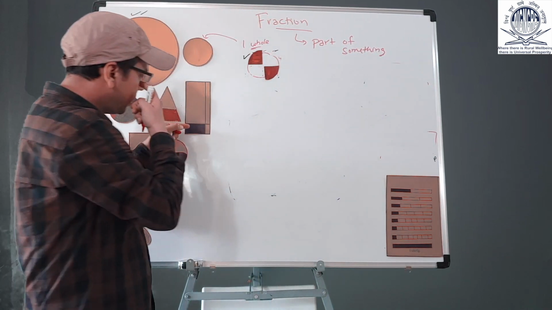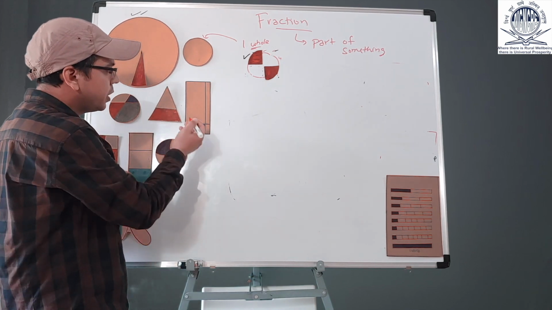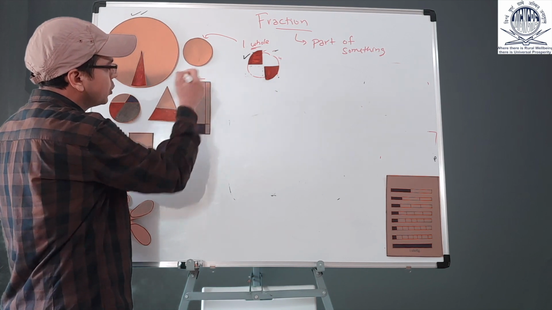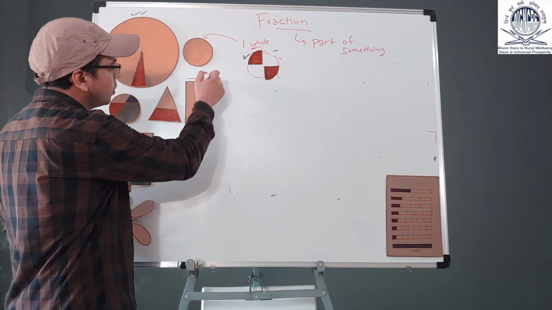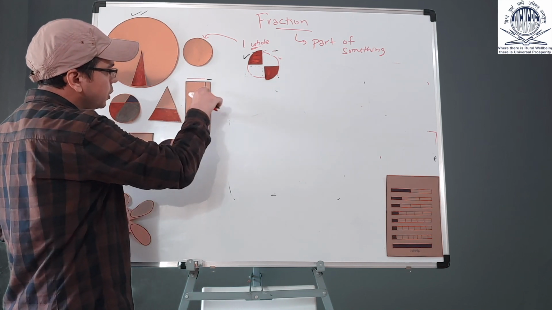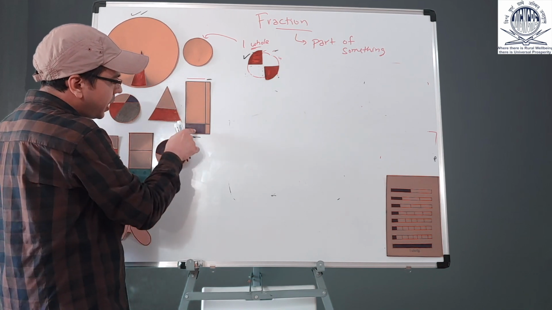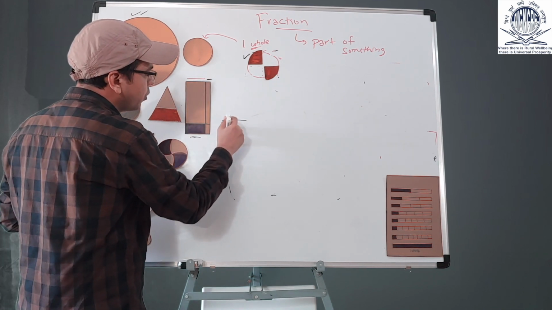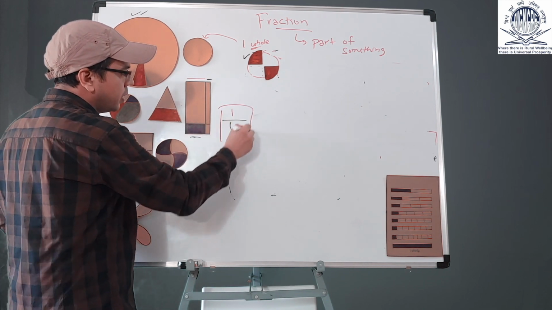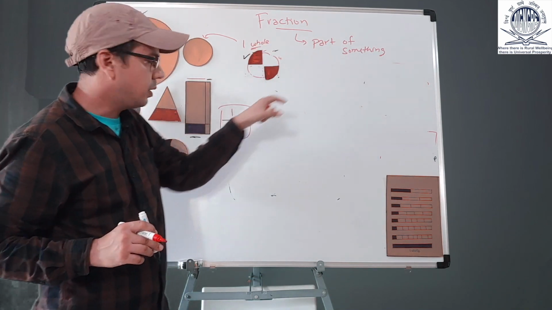So if we see this figure over here and we say, okay, these are divided into how many portions? One portion, like this big portion 1, this small portion 2. Let's put it in a different color. So 1 portion, 2 portion, 3 portion and 4 portion. So probably I'll say the total number of portions is 4 and this shaded portion is 1, if I'm considering the definition that fraction is part of something.